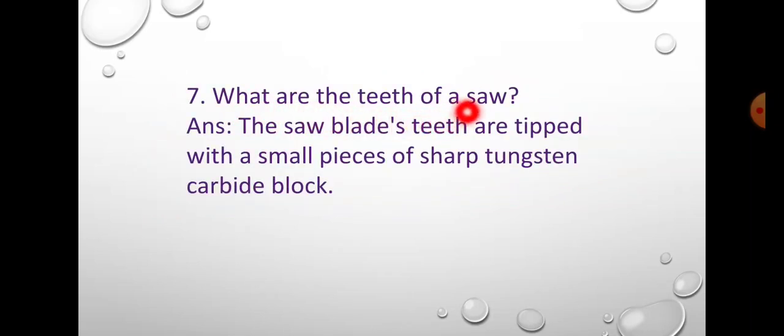What are the teeth of a saw? You know the saw has teeth, right? But what kind of teeth are they? The saw blade's teeth are tipped with small pieces of sharp tungsten carbide block. What does sharp tungsten carbide mean? It is one kind of blade, okay?